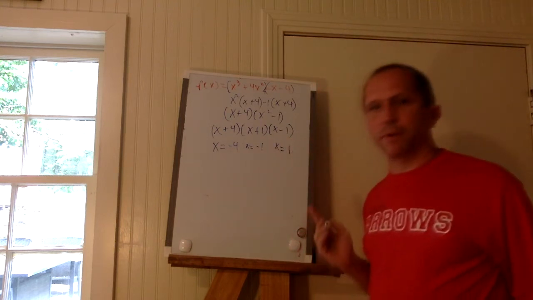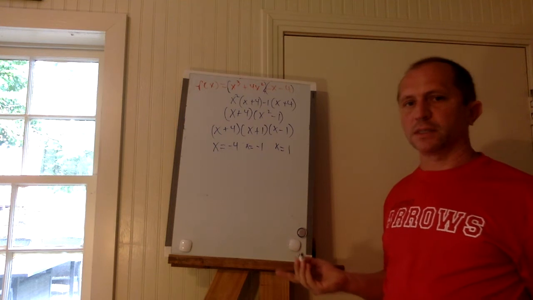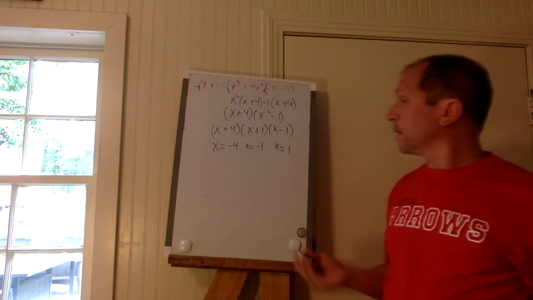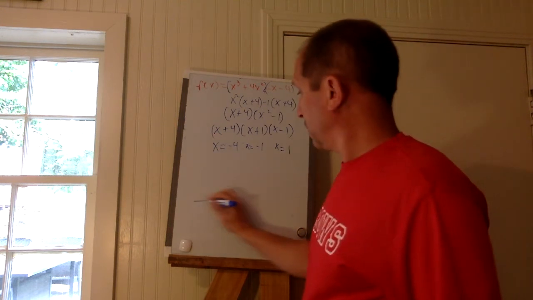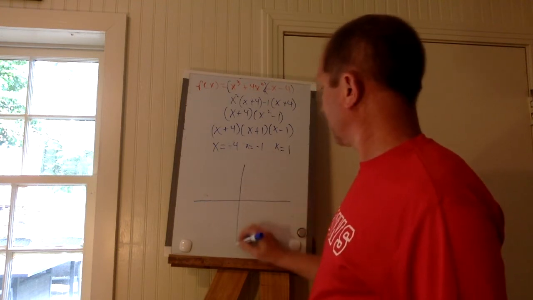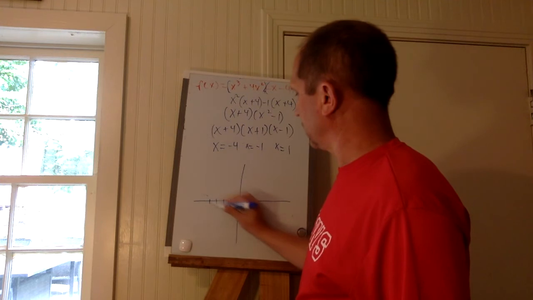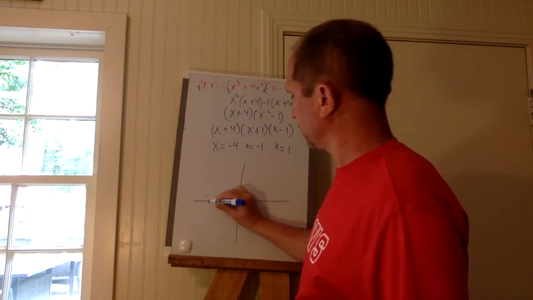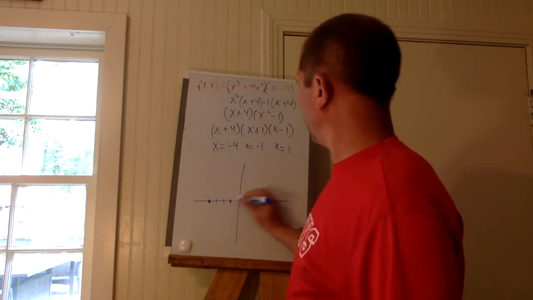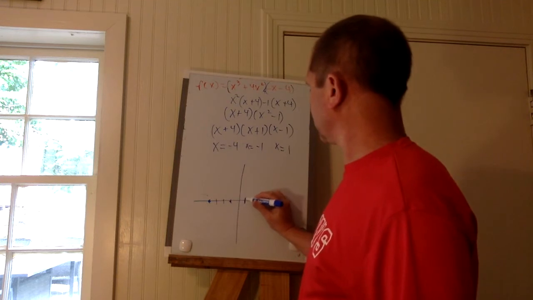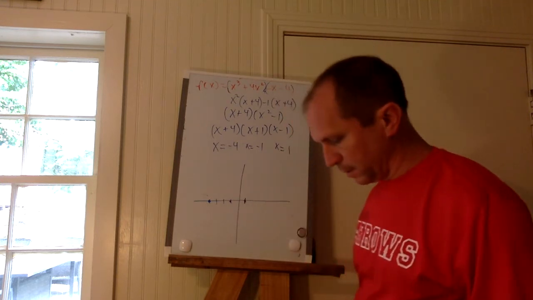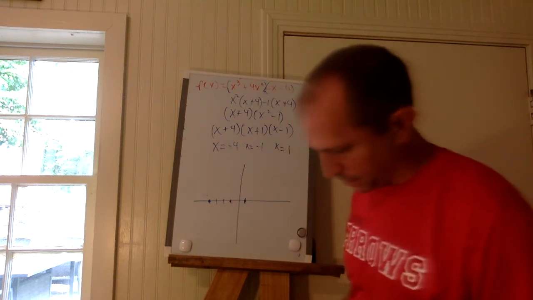So these are going to be where my zeros are going to exist. Now, looking at this, we've got negative 4, negative 1, and then positive 1. Those are going to be my zeros.